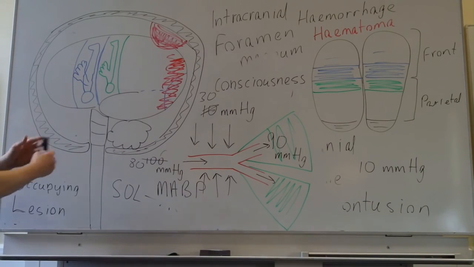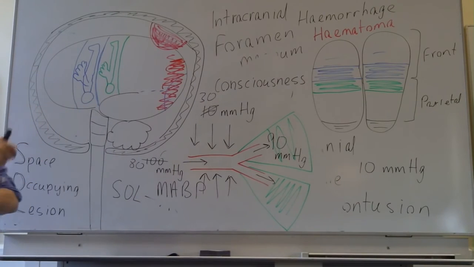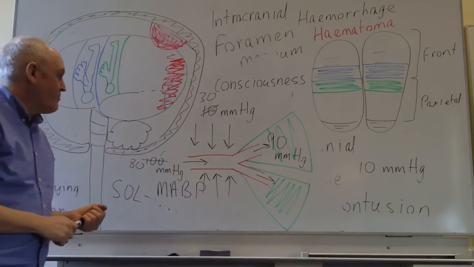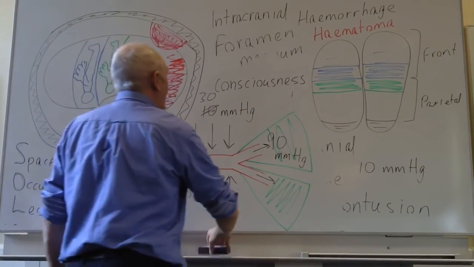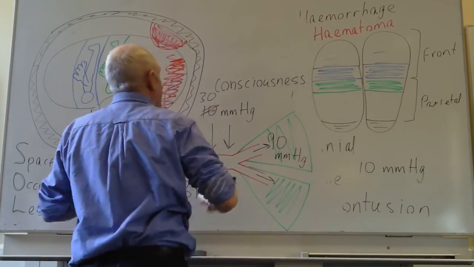So normally the brain needs its blood supply because it needs its oxygen supply. Without that, can you see the brain is going to become hypoxic? Does that make sense? You're going to get hypoxia. And because it's the brain, it's cerebral.